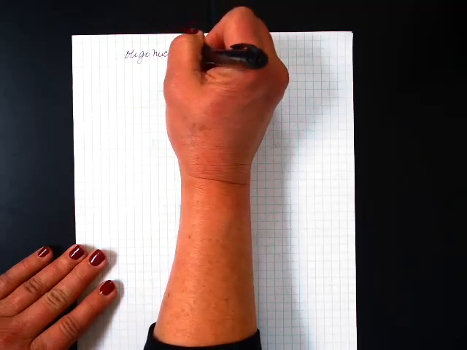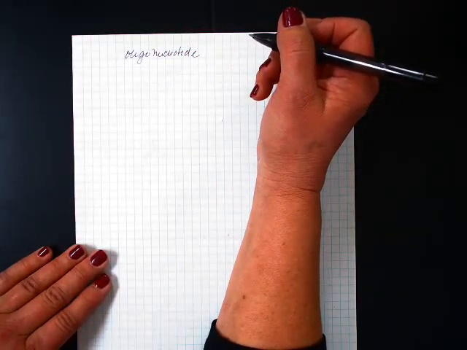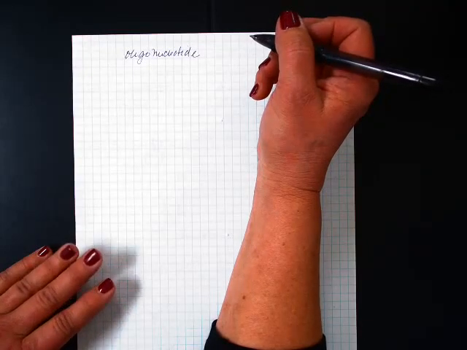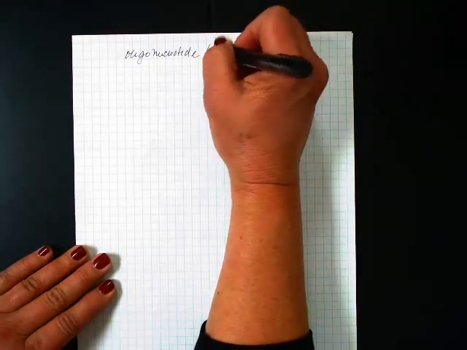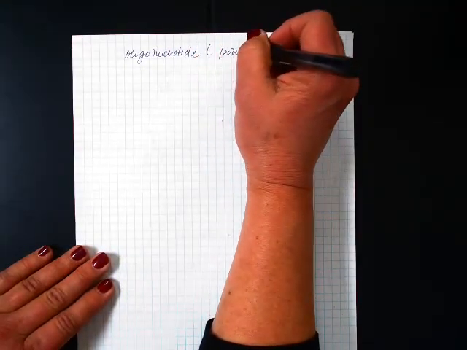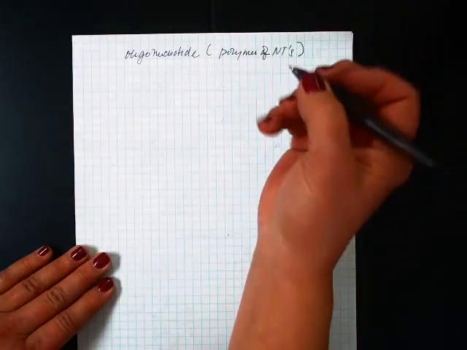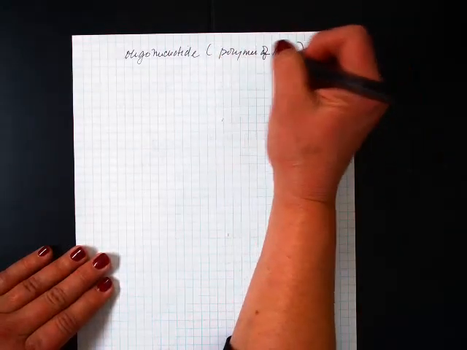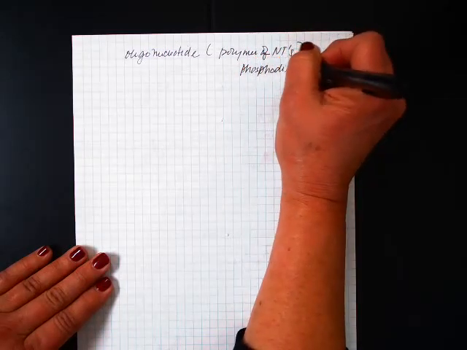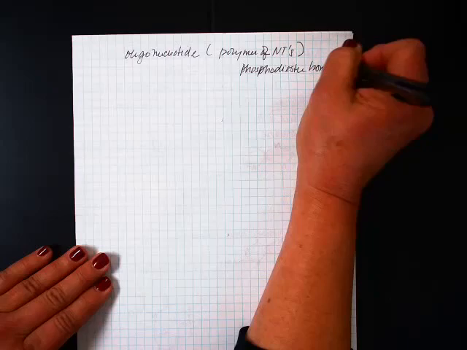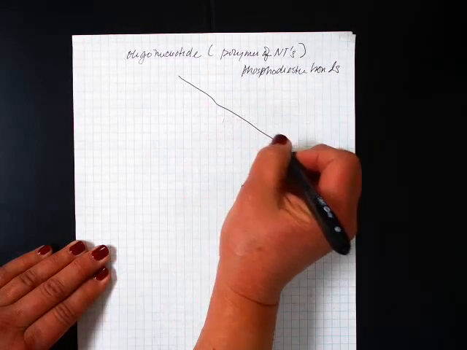So essentially, this is just a polymerization of our nucleotides, a polymer of nucleotides. Okay. And these are linked via phosphodiester bonds. Okay. They are always written in the 5' to 3' direction, or drawn in that direction.